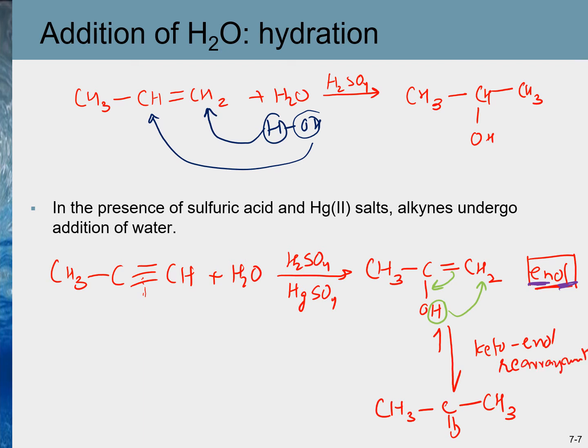So therefore, hydration of alkynes will result in formation of a ketone. Although in the first step it will form an enol, but the enol will eventually rearrange itself into the ketone form. So we don't really get a hydration product per se, but this reaction still is a hydration reaction.